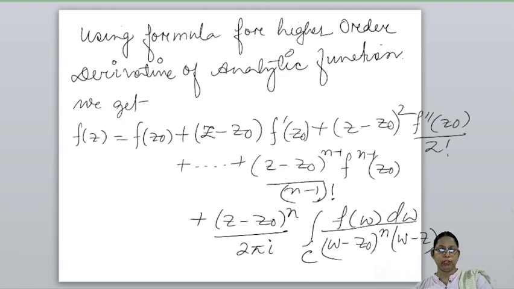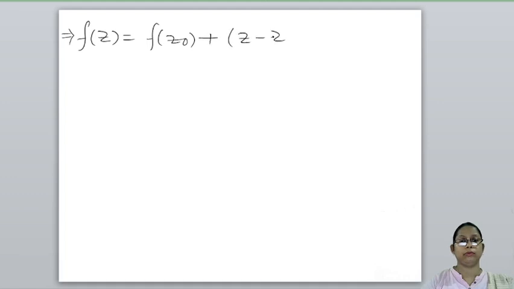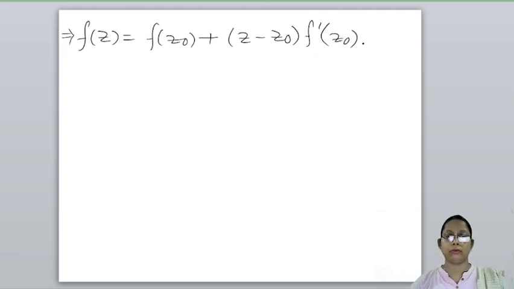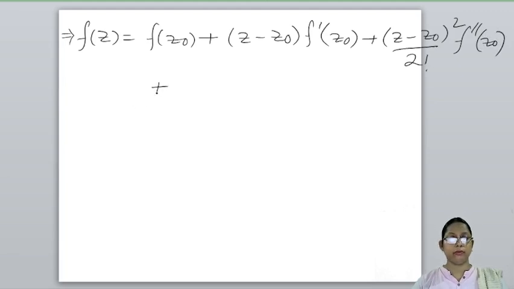Consider this term as S1. It goes on up to the n minus 1 term.